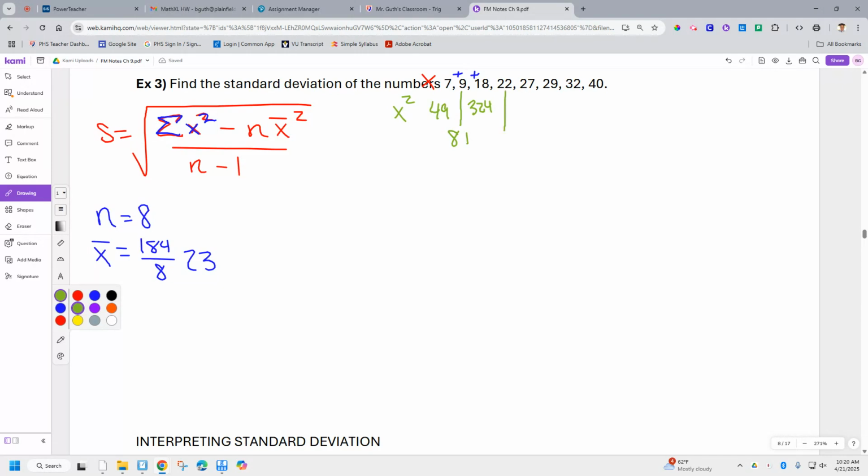And 22 squared is 484. I already did these calculations ahead of time. 27 squared, 27 times 27 is 729. 29 squared is 841. 32 squared is 1024. And 40 squared is 1600.